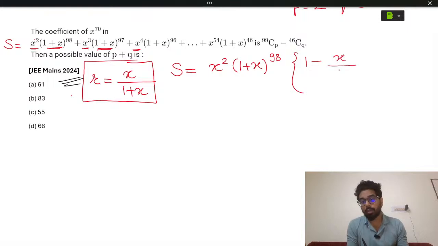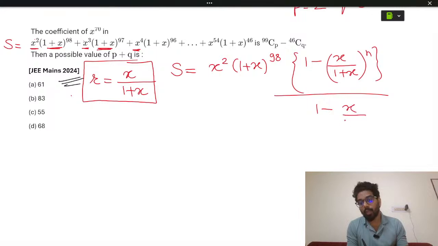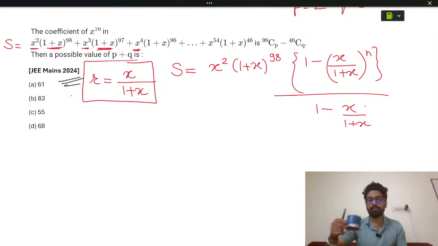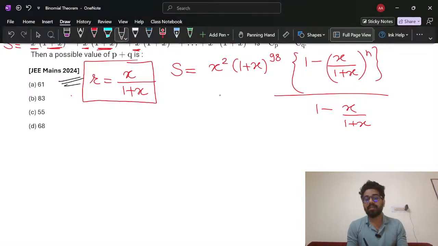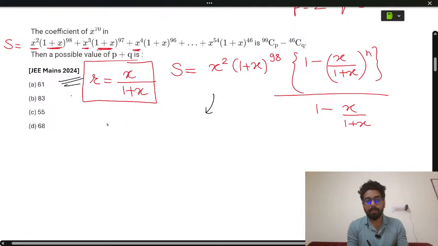So, x upon 1 plus x whole power n, divided by the denominator 1 minus x upon 1 plus x. Okay. Here you will have it. Now, we will simplify this thing. If you simplify this thing, what will it become?